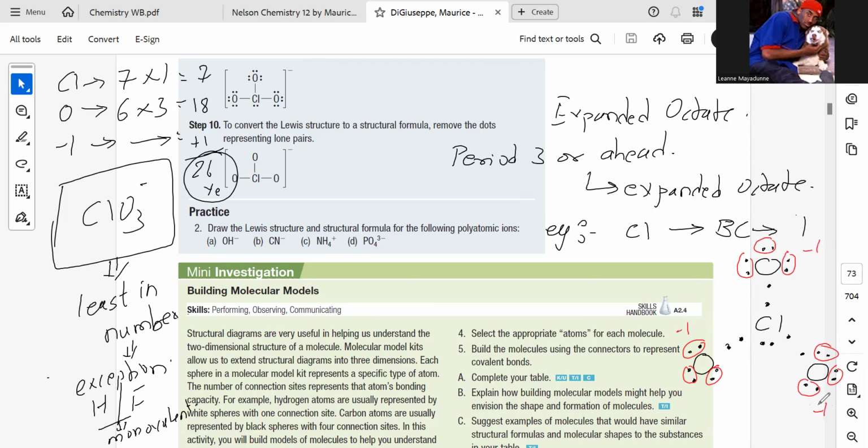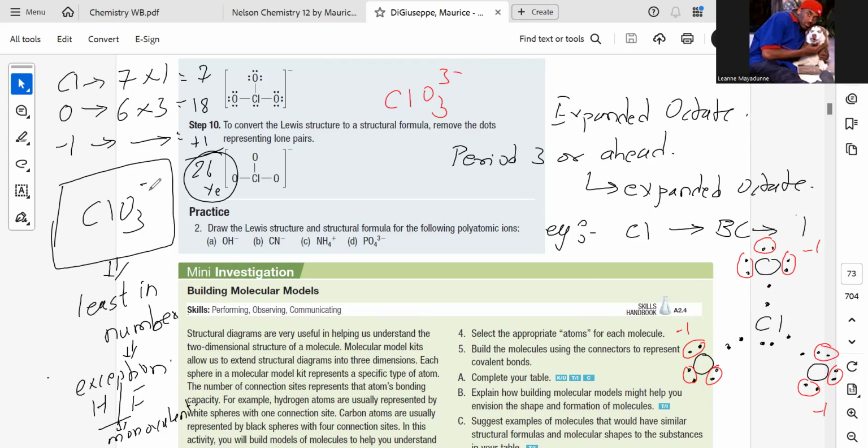There is a concept of formal charge which I am not explaining over here, but as a simple rule, if you see 3 lone pairs on oxygen, it counts for one negative charge. So the current structure will be ClO3 3 minus, but the structure that we need is ClO3 minus.